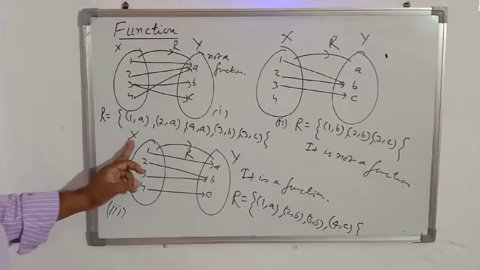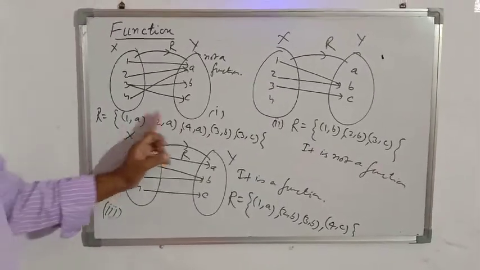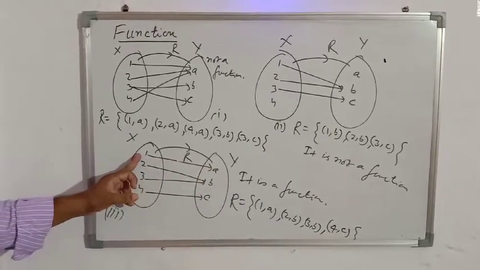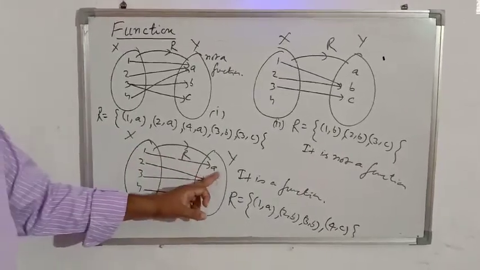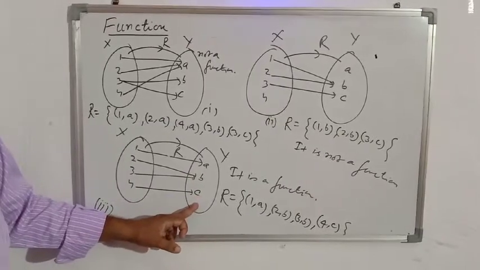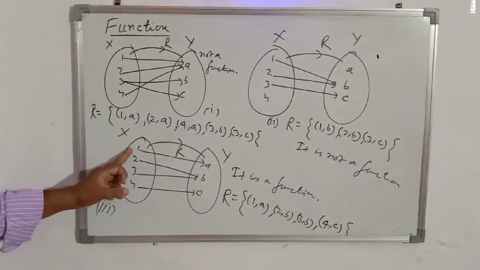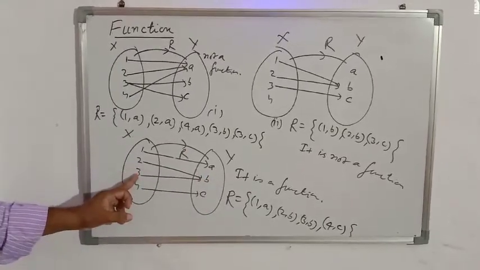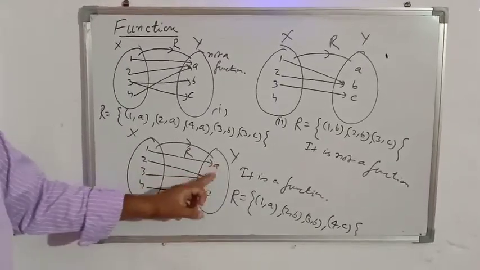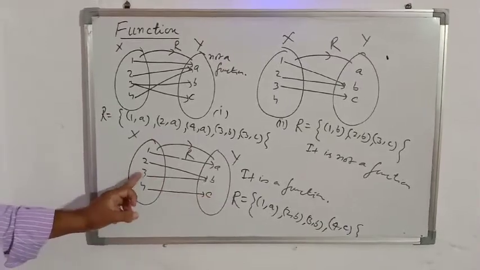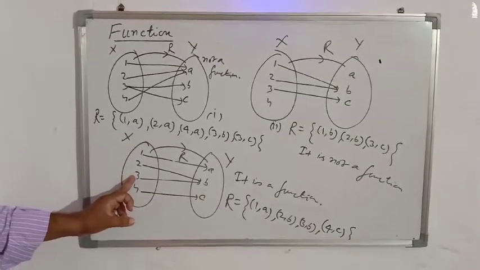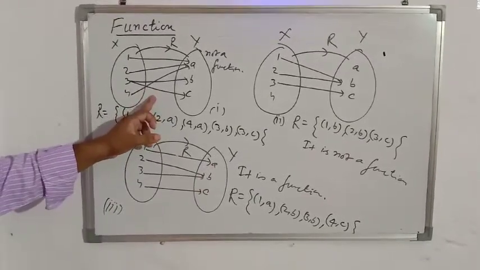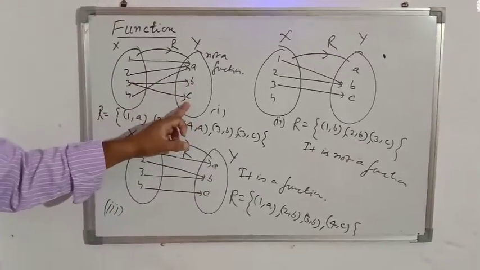Means a relation from set X to Y is said to be a function if each element of set X is uniquely related to an element of set Y. Means for each element there is a unique image in the set Y. If one element of set X has many images in the set Y, or is related to many elements in the set Y, like in the first case where 3 is related to b and c both, it is not a function.